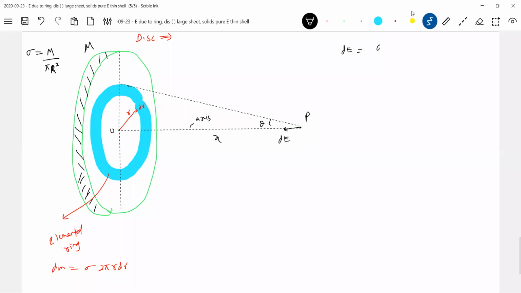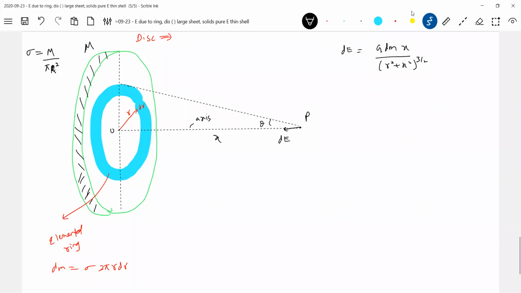So this should be G dm x by (r square plus x square) to the power of 3 by 2. Small r is this one. So what to do? What is dm?